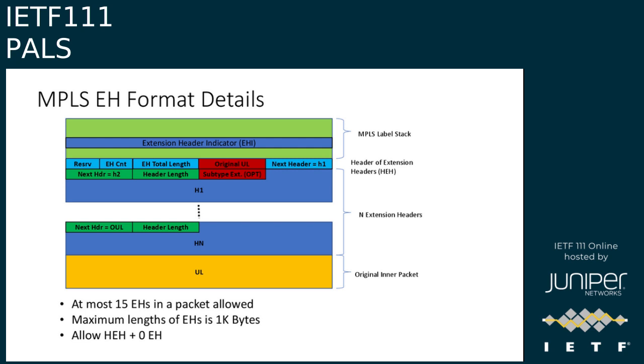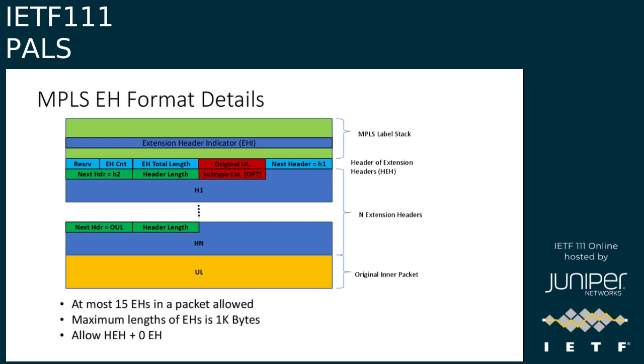This can be used to skip all the extension headers to reach the upper layer. Then following that, we have an original upper layer protocol type field, labeled in red, which tells what the type of the upper layer protocol is. And then we have a type for the next header. Following this header of extension header, HEH, we just have a chain of extension headers. Each extension header starts with the next header type and the current header length.